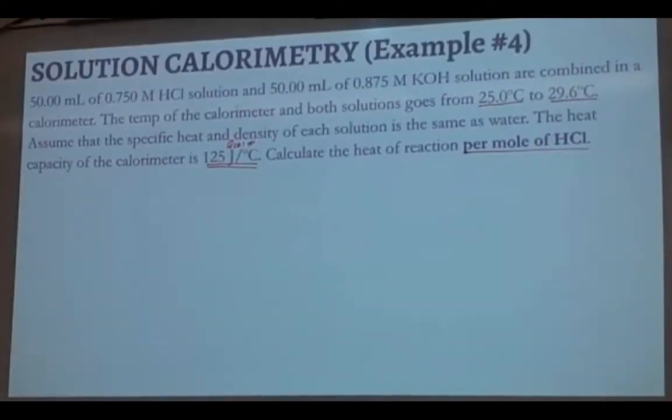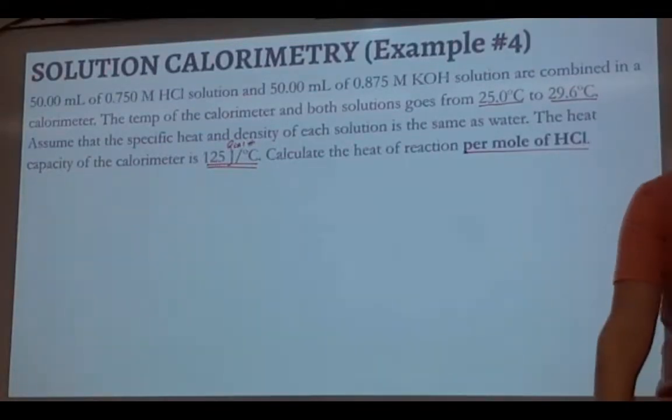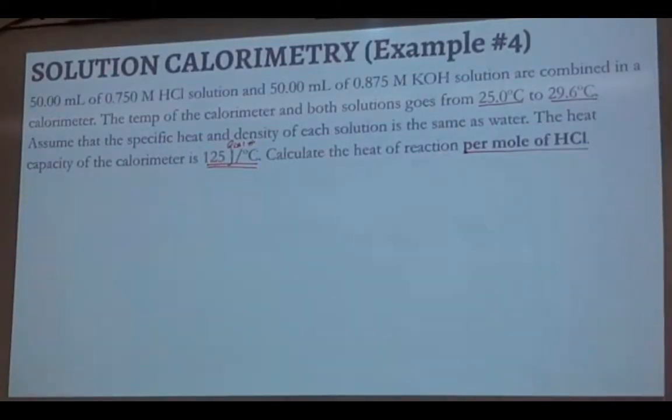So the very, very last thing: calculate the heat of reaction, which is delta H reaction, per mole of HCl. Not water, HCl. Now, they actually tell you that the specific heat of water is 4.184, and they tell you that the density of water is 1 gram per milliliter in the example. I didn't put it up here to save some space.